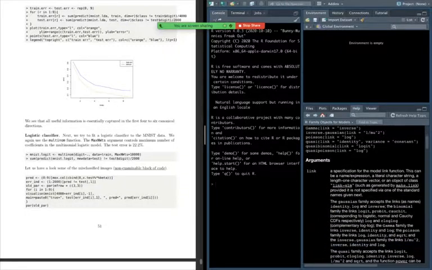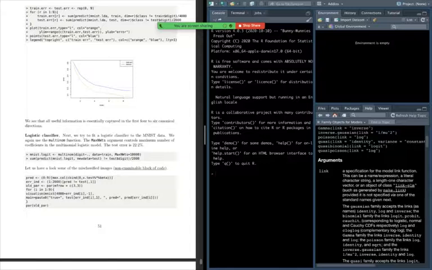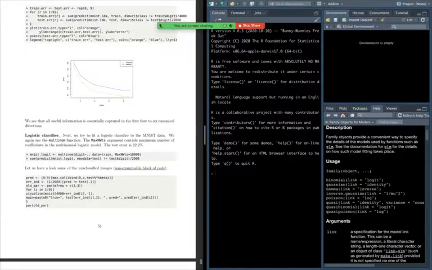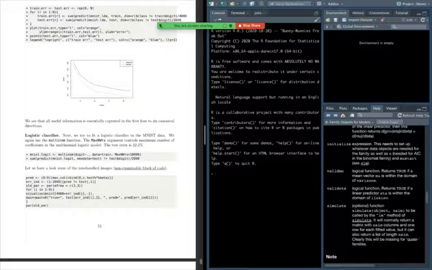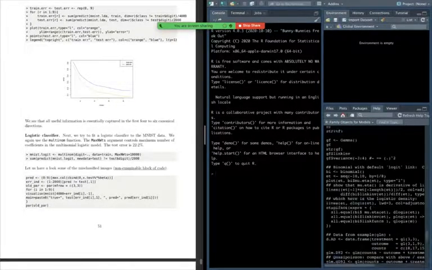Sometimes I haven't been able to understand it, or it doesn't say what I want to understand, and you have to go into the actual code of the function. How do you get that?